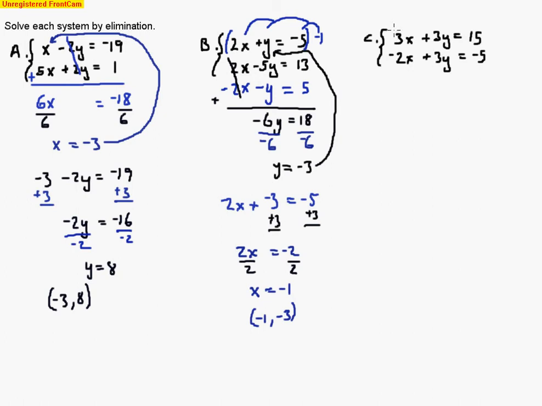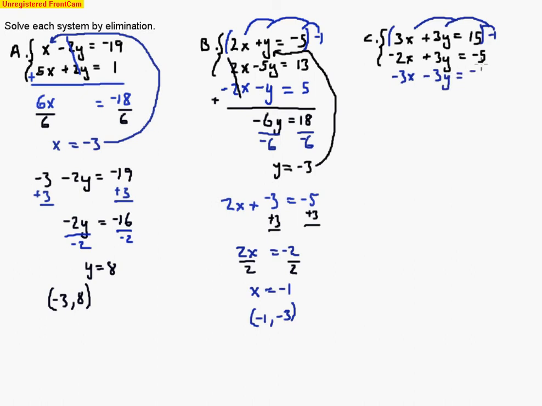So the way we're going to do that is I'll take that top equation and I'm going to multiply it by negative 1. So each of those numbers on top gets multiplied by a negative 1, and we'll rewrite our equation down below. So it becomes a negative 3x. Again, 3x times negative 1 makes the negative 3x. 3y times negative 1 makes a negative 3y.